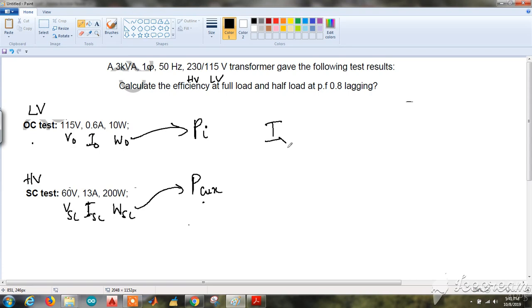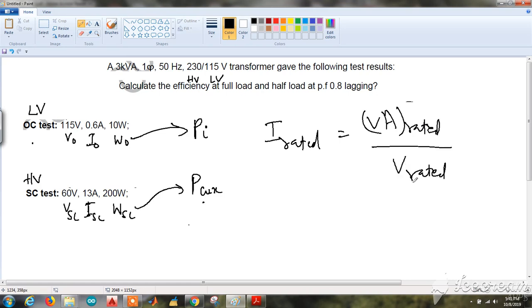The rated current can be found out by the VA rating of the transformer divided by the voltage rated at that side. If SC test is performed at HV side, this will be HV and the corresponding rated current will be for HV side. Similarly, if SC test was performed on LV side, this would be LV.